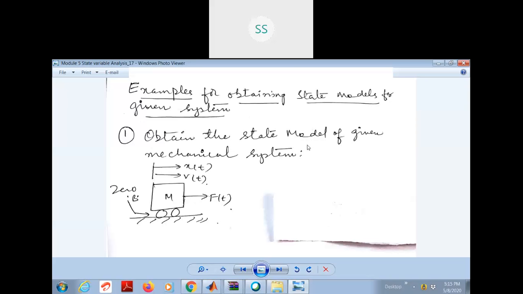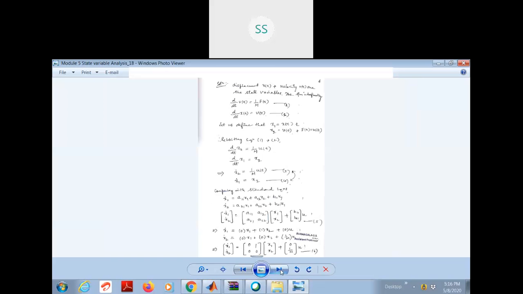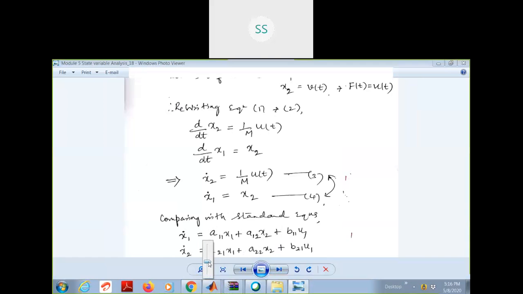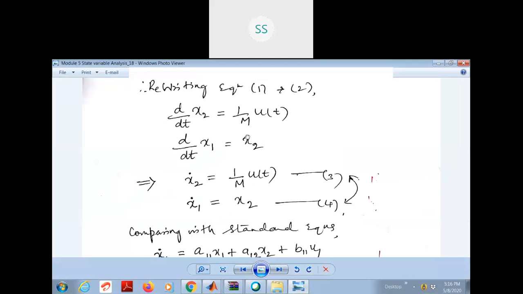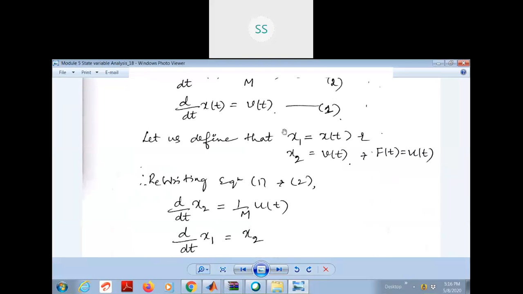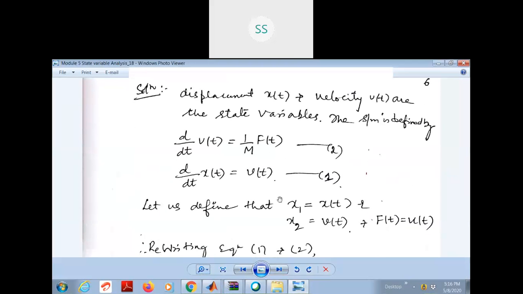This is a translational mechanical system with one mass, applied force f of t, velocity v of t, and displacement x of t. How to obtain the state model is the question now. To obtain it, first we have to identify the states.